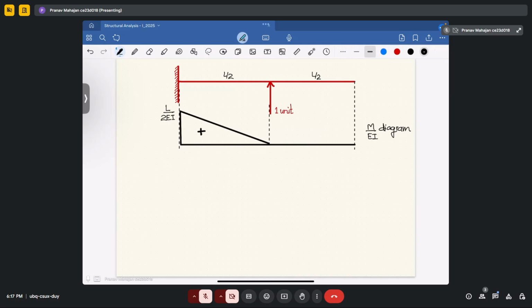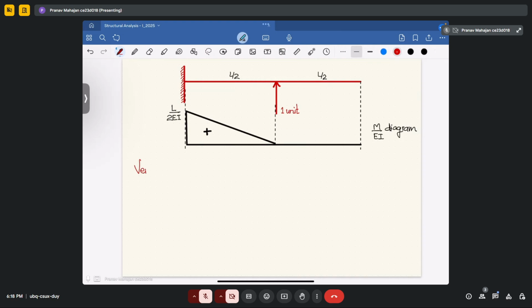So due to this, vertical displacement, or you can say vertical deflection for unit load, it will be equal to, let's say I am writing it to be FBB.